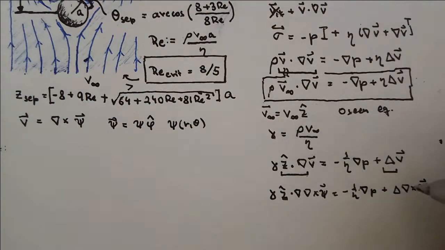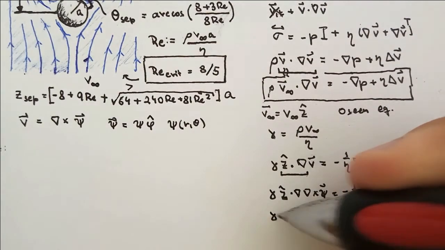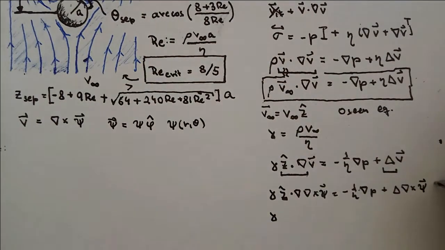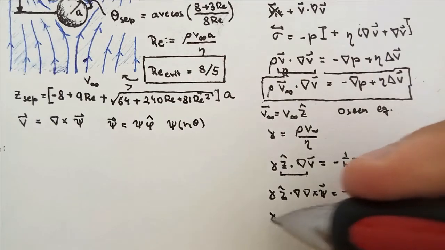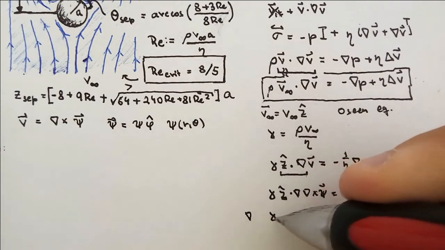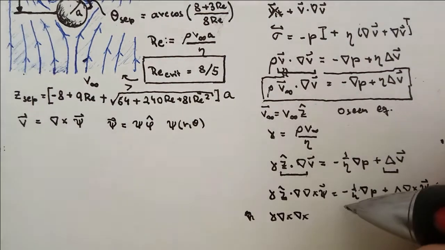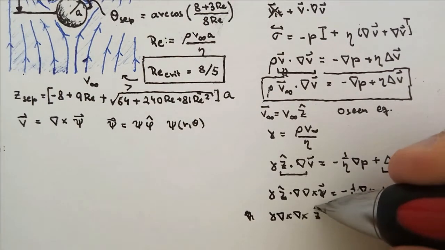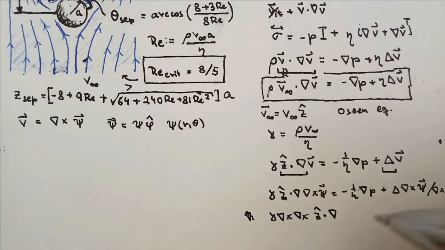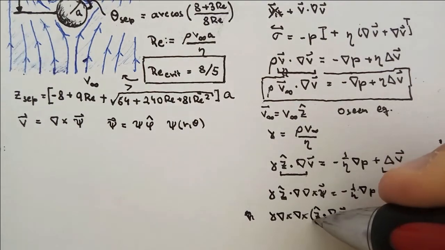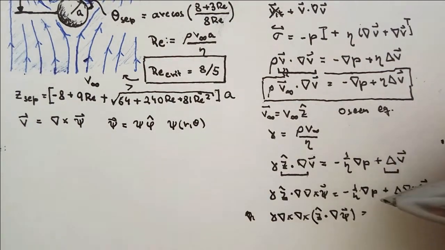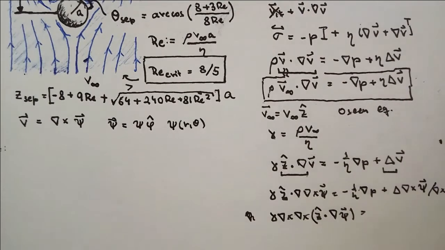We can switch the order of these operators as I told you, and take the curl of this equation, so there will be a double curl, and there is z, and there is the psi vector field, and this is 0 because the curl of a gradient is 0.